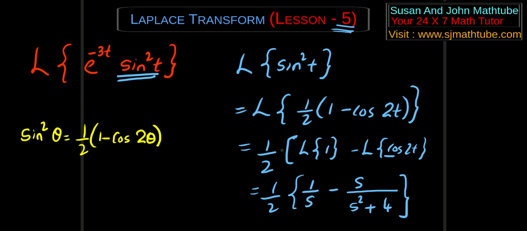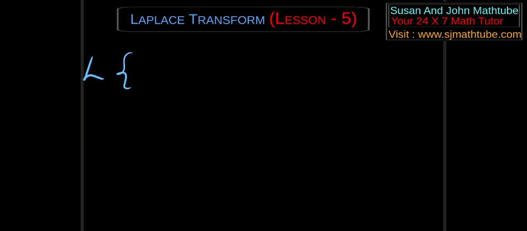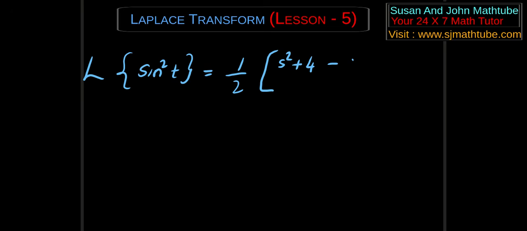Now you can simplify this a little bit. So we get Laplace of sine square t is equal to, okay, let's go for LCM. So 1 by 2 into s square plus 4 minus s square the whole divided by s into s square plus 4.